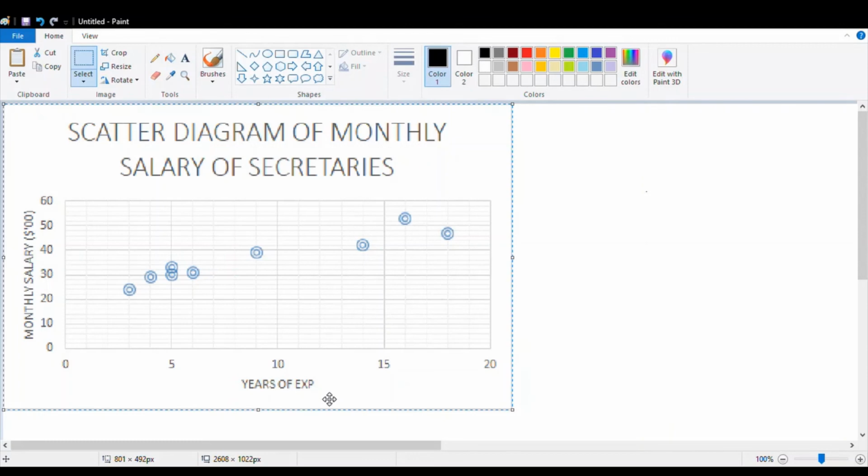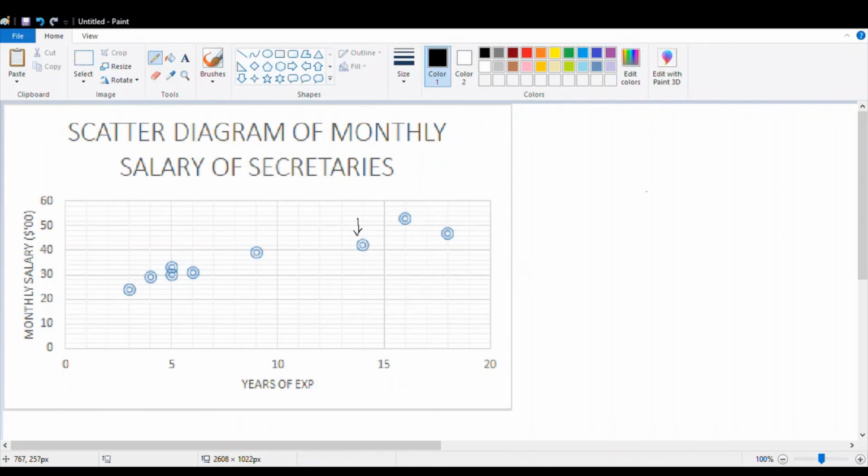Okay, let's say the first observation tadi, the first observation adalah x ni adalah 14 and y adalah 42. So you can plot it as here is 14 for x dan juga y adalah 42. So di sini actually ini adalah your first observation.